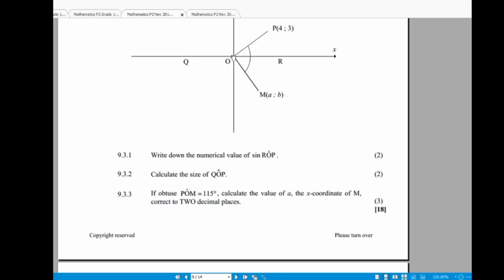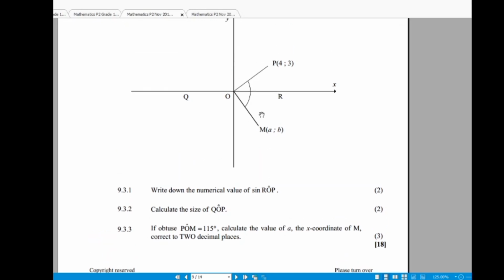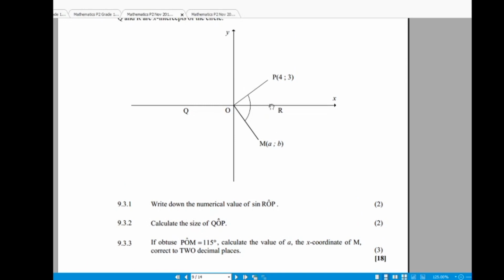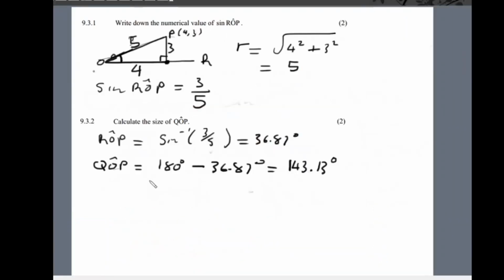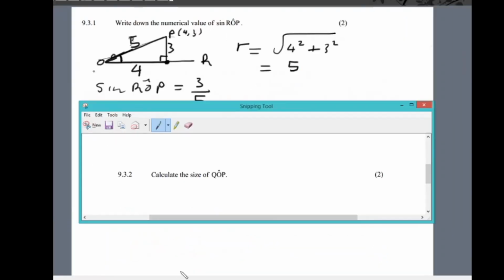So now what we need to do here is, because we know the value of the angle ROP, and we also know the value of the angle POM, we need to calculate the value of the angle ROM, right? So we need to calculate the value of the angle ROM.